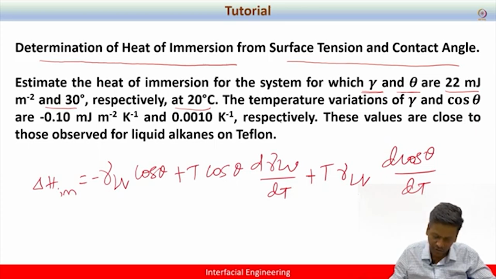In addition to this, we also need the data regarding the temperature variations of surface tension and cos theta. The values have been given for both of these variables, that is minus 0.10 millijoule per meter square Kelvin and 0.0010 per Kelvin.